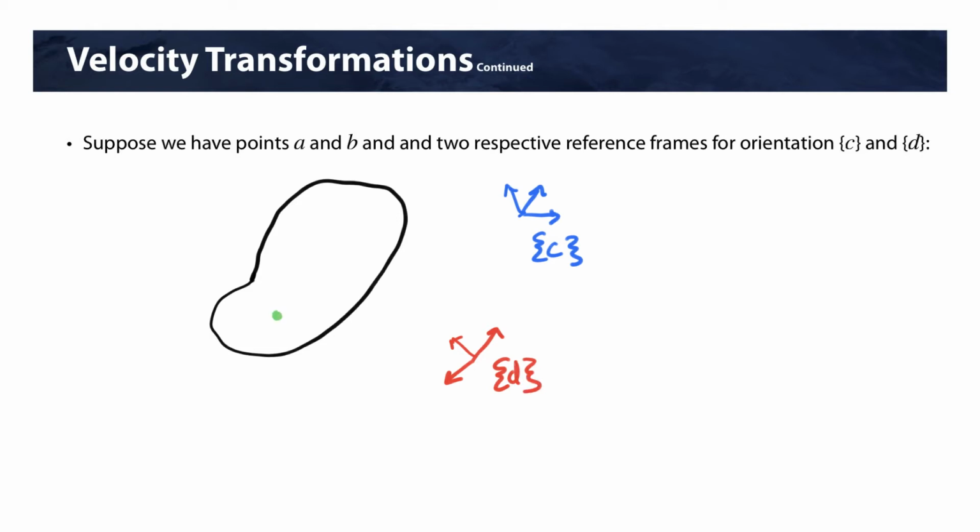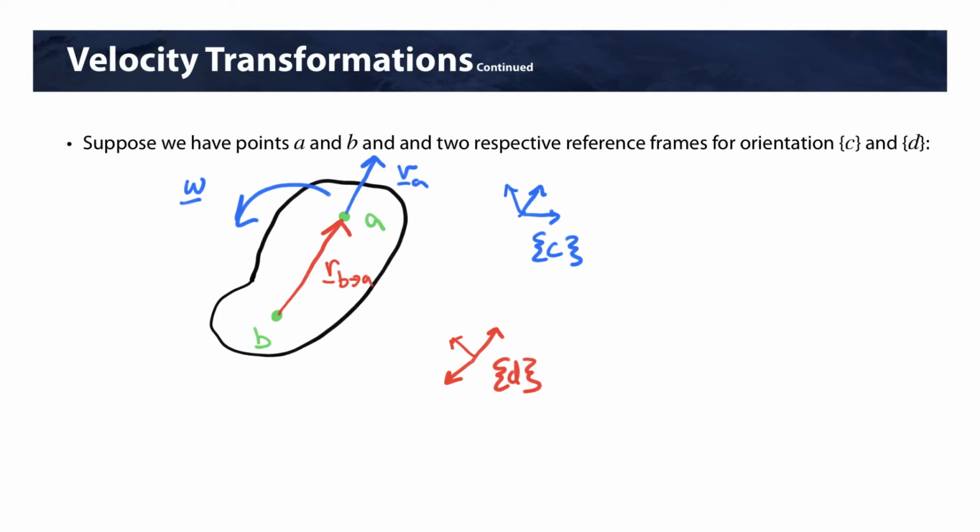We have two points: we have point B, and we have point A. Our rigid body has angular velocity omega, and say velocity V_A here. And suppose we know this vector r from B to A.